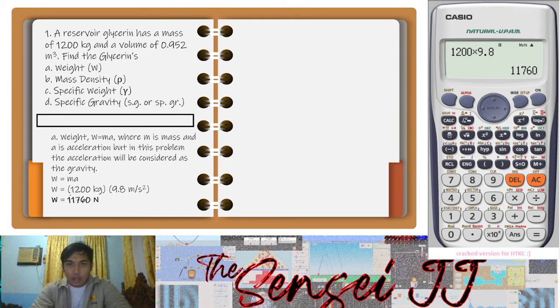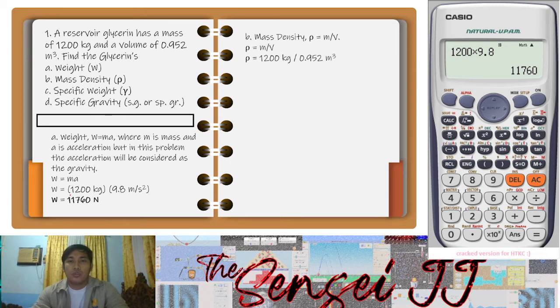Okay, so we have solved for our weight. Now we try to solve for our mass density. So we have here mass density, rho, is equal to mass over the volume. So we have our mass, which is 1,200 kilograms, and the volume of 0.952.